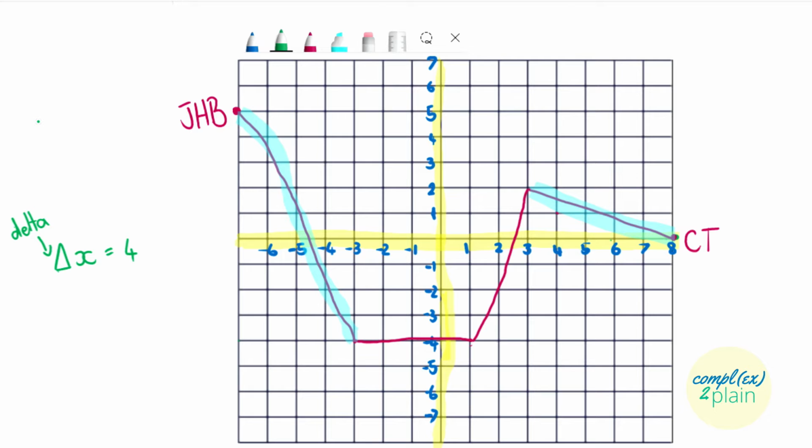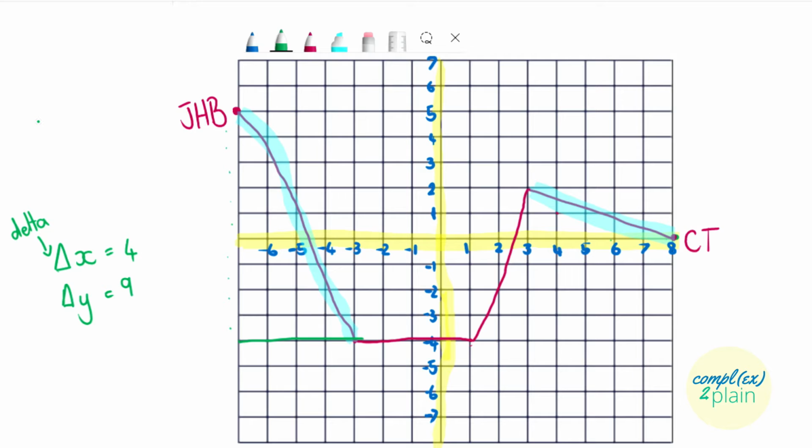You agree? It's been 4 blocks. There's 4 blocks change here. What's my delta y? What's my change in y for this section of the journey? It is 1, 2, 3, 4, 5, 6, 7, 8, 9. 9 blocks. Okay, so if we put these two relative to each other, there's a much bigger change in y relative to the change in x because it's very steep. So there's much more of a change vertically than there is horizontally.